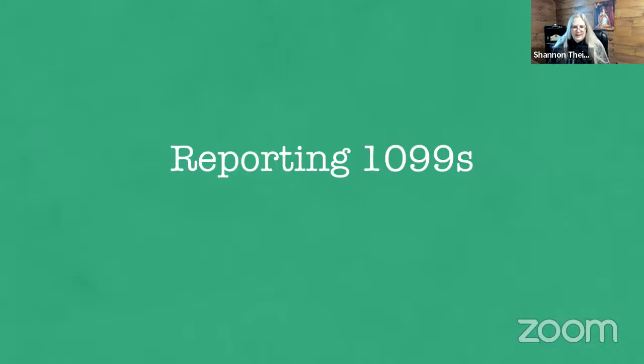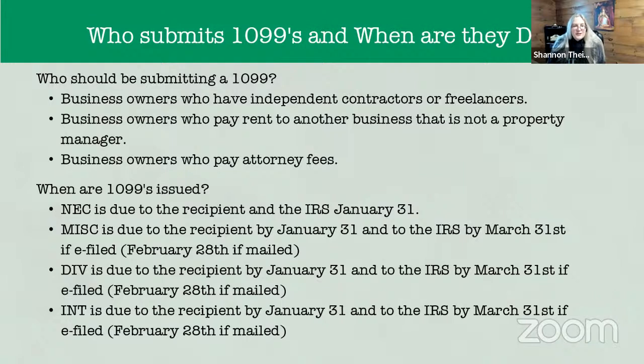Reporting 1099s. All right, who submits a 1099? Business owners who have independent contractors or freelancers working with them. Some examples of independent contractors would be a copywriter, somebody who helps you do the work that you do.